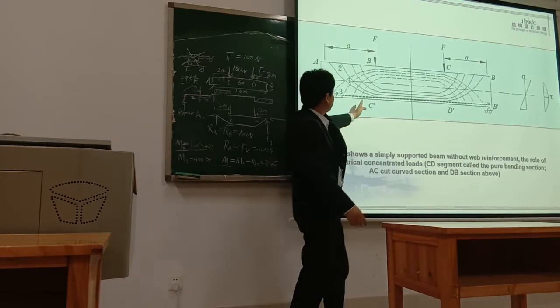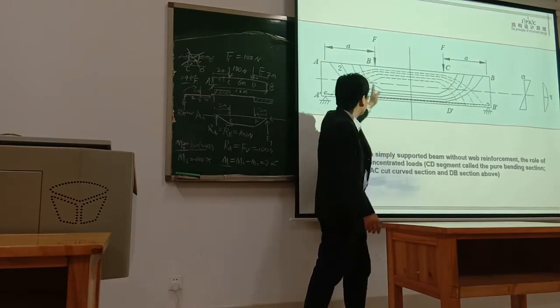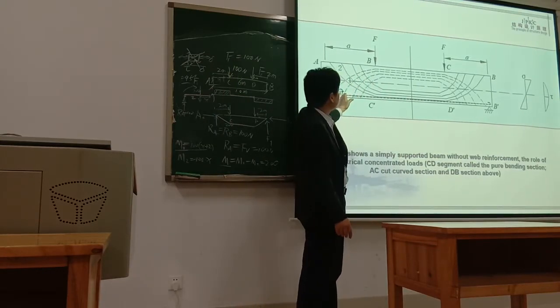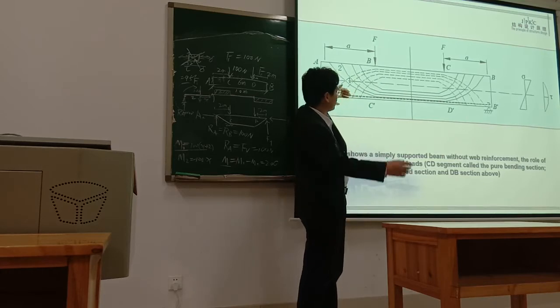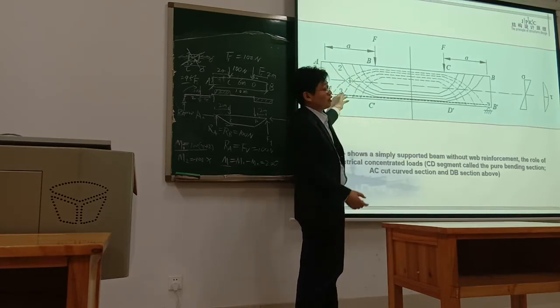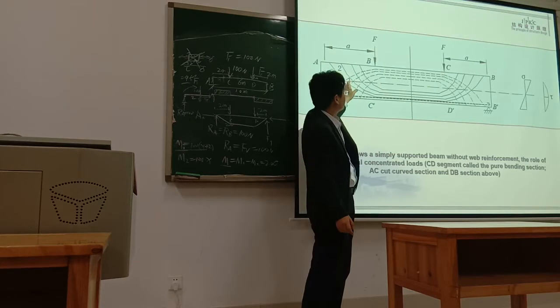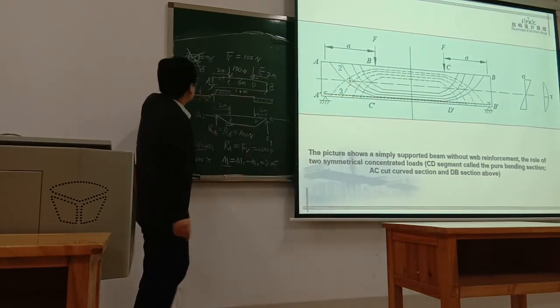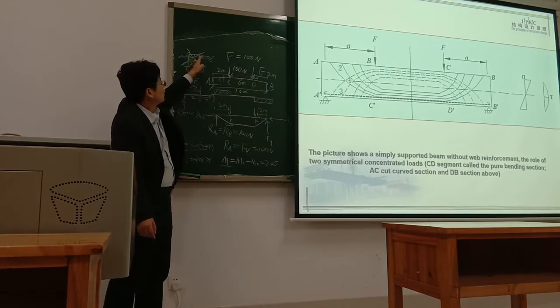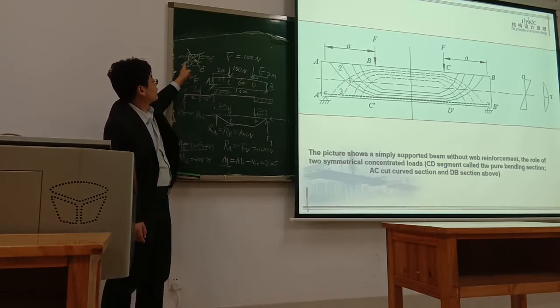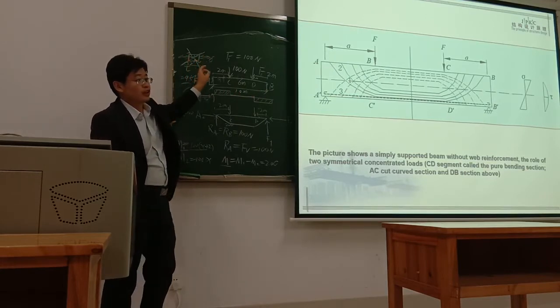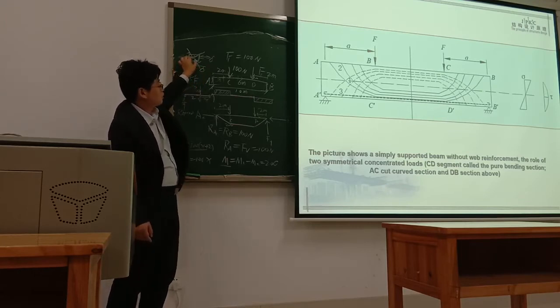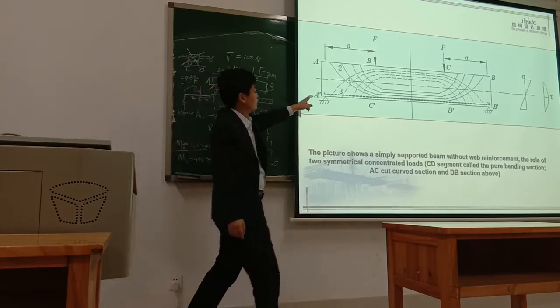At the end, as AC part or BD part, this section not only gets the compression or tension stress, you also get this shear stress. Finally, under the action of this compression or tension stress and the shear stress, we get the principal stress in this direction.